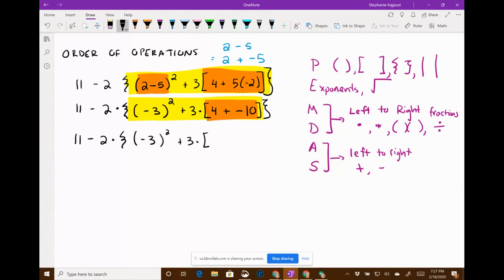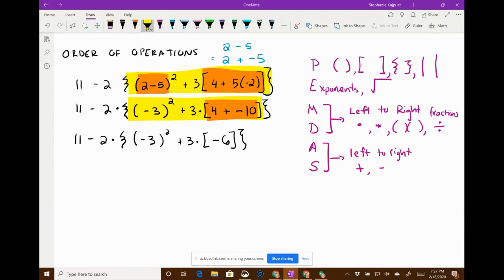Okay, and then once I reach that orange, I have 4 plus a -10. Since the 10 is a bigger number than 4 and it's negative, this is going to put me in debt again. So I'm going to end up with a negative number. 4 plus -10 gives me a -6. So I'm going to just make that a -6.